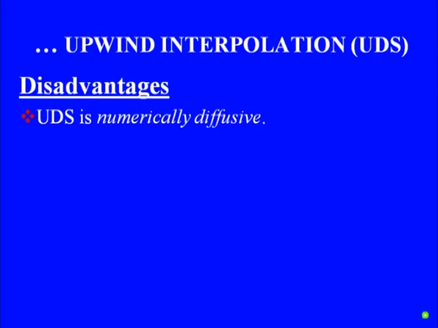This advantage is coupled with the disadvantages which we have already seen. The first one is that it is numerically diffusive. If we have sharp peaks or oscillatory values which are actually present in the solution, those will be damped out because of the presence of numerical diffusion.